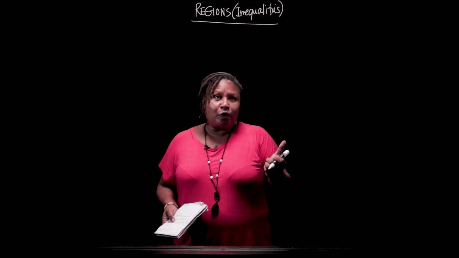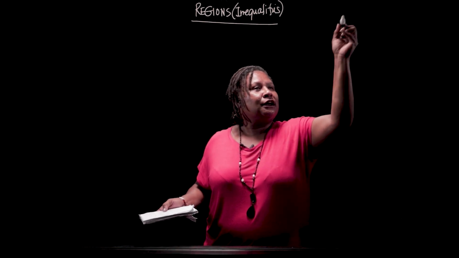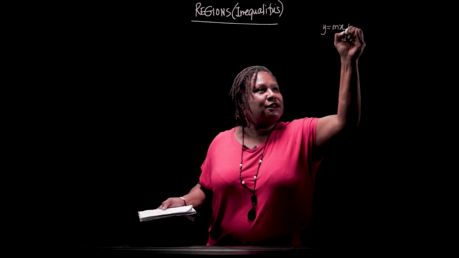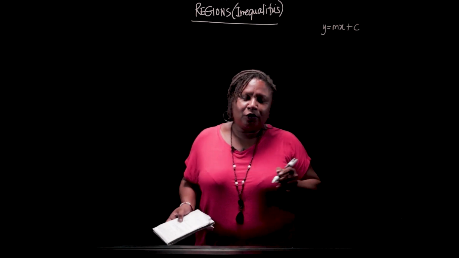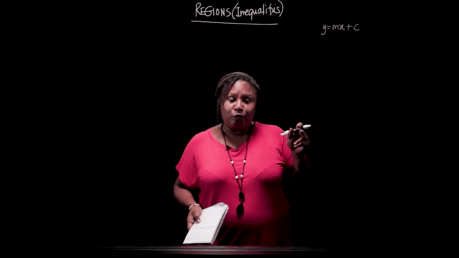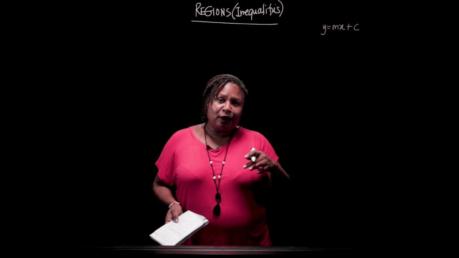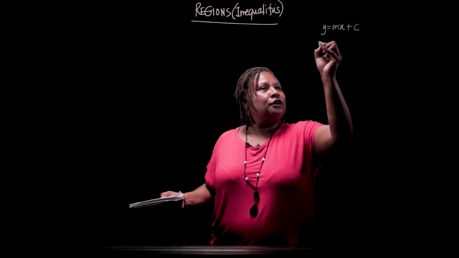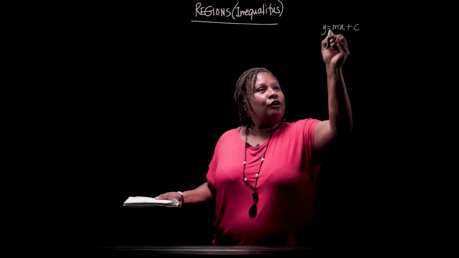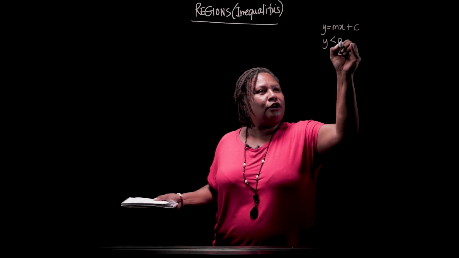Before we move on, a few things. We looked at linear equations of the form y equal to mx plus c, and we know that y equal to mx plus c defines a set of points that form a straight line. Then we moved into inequalities in our last lesson, where we could replace the equal sign with an inequality symbol.